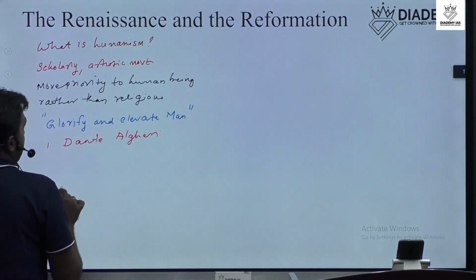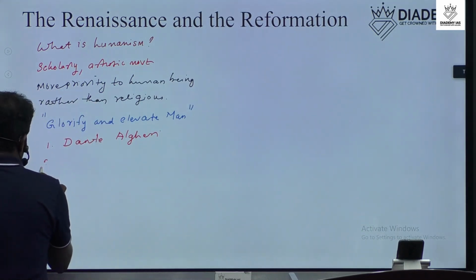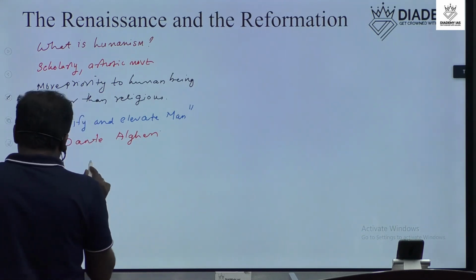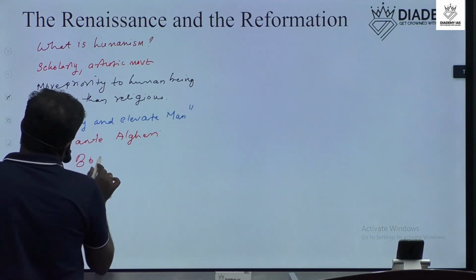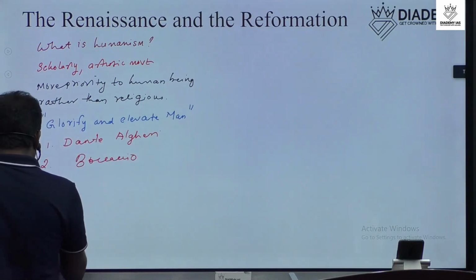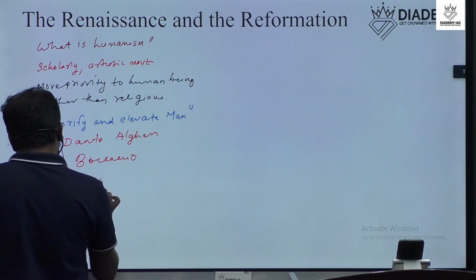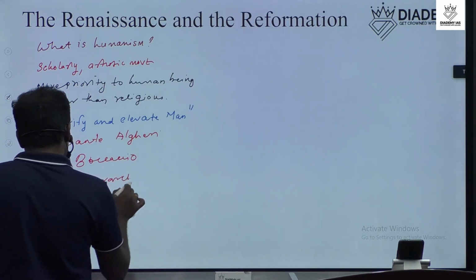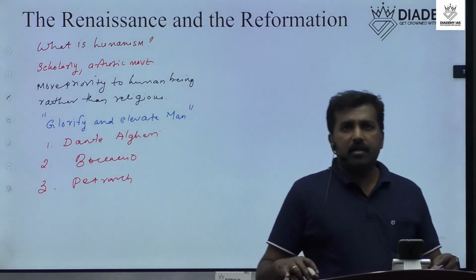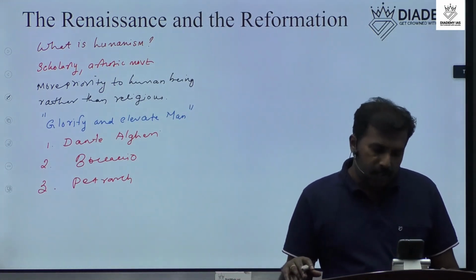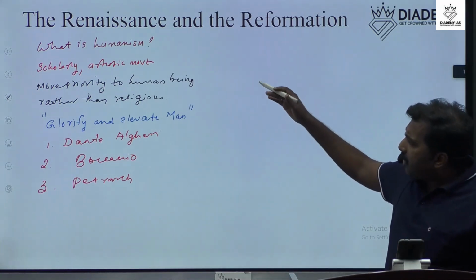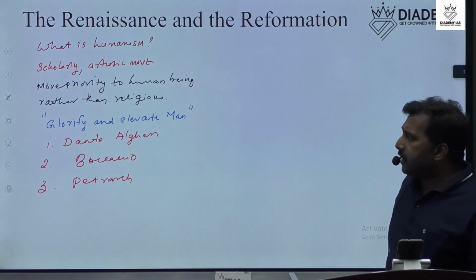Okay, important humanist writers. Then the second one is Boccaccio. And the third one is Petrarch. Okay, these are the important writers in humanism. So these are the important points relating to humanism.